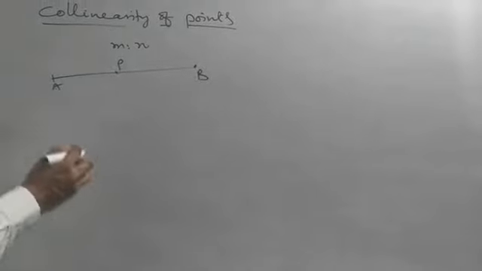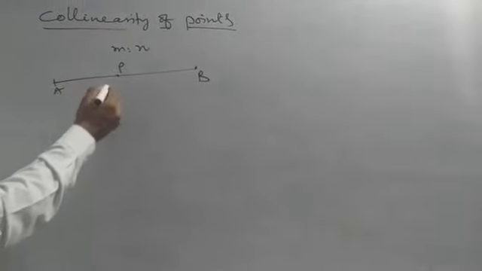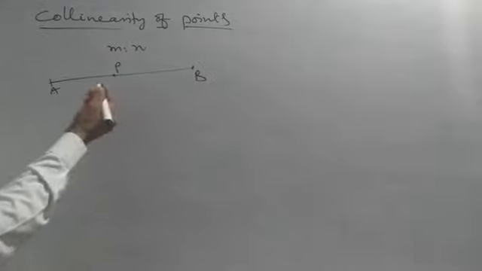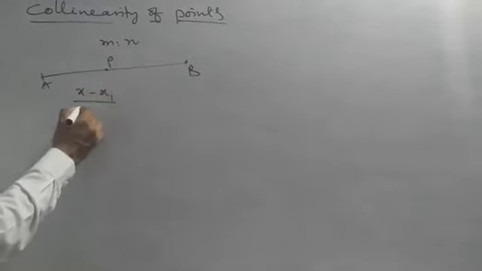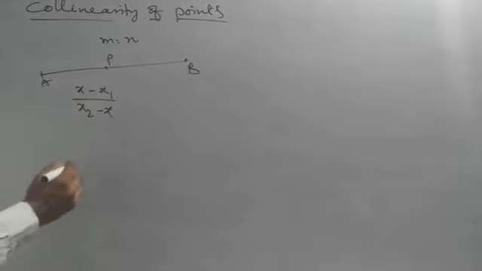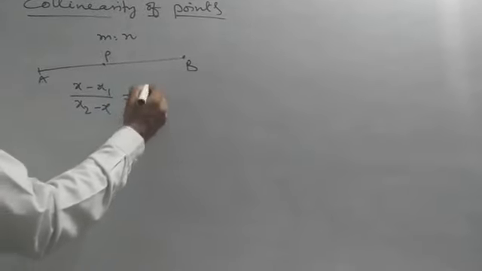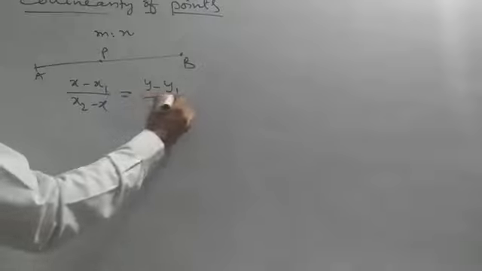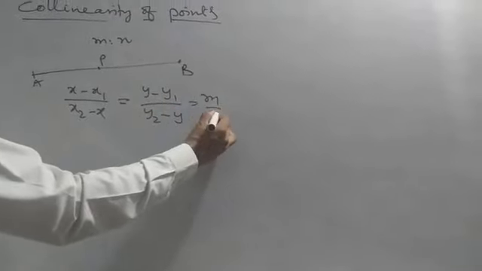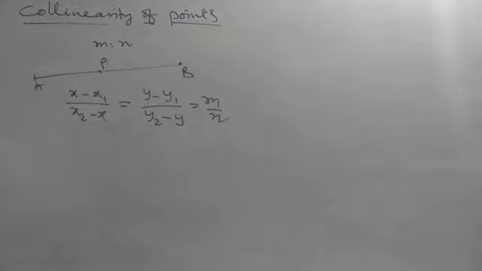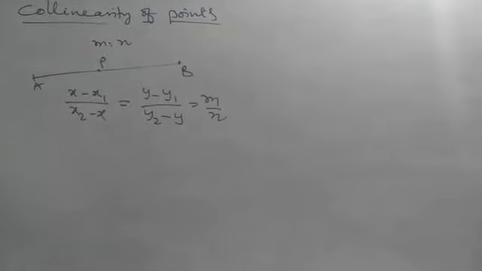From this we have the relation between them: (x minus x1) by (x2 minus x) equals (y minus y1) by (y2 minus y), that equals m by n. This is the relation we got in the section formula.